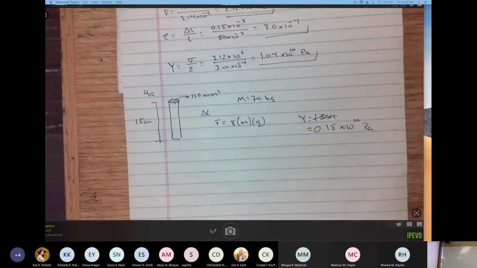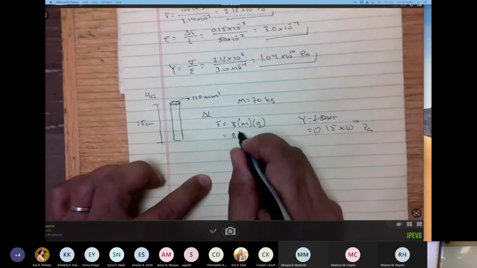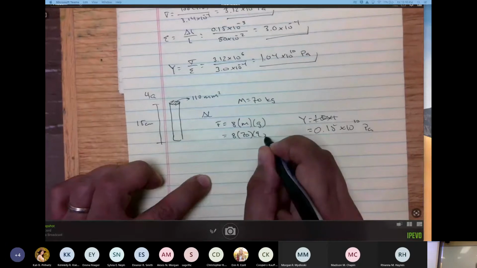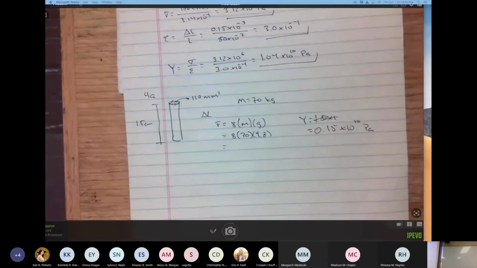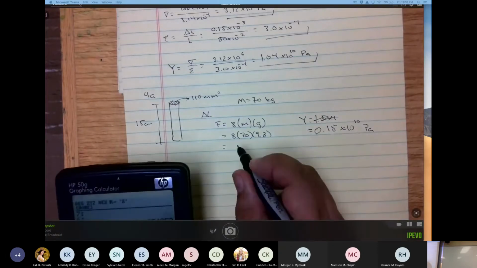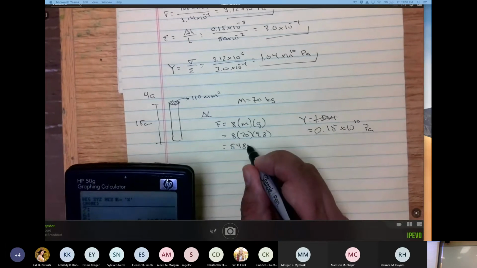Okay, so the force will be 8 times 70 times 9.8. That's going to be the force that's being applied. That's going to be 5,488 newtons.